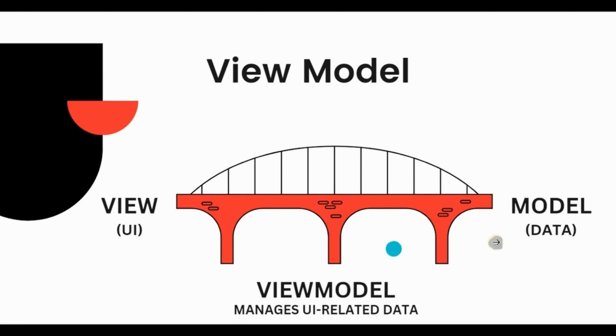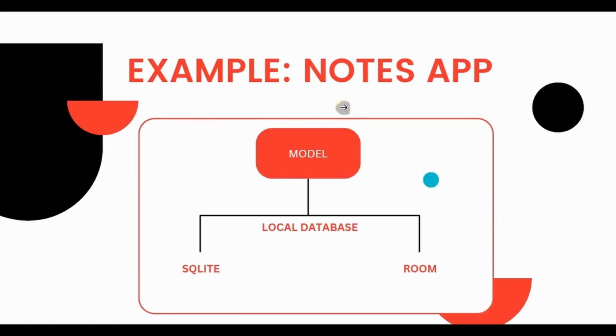See, the model is responsible only for data and the view is responsible only for UI. But ViewModel is responsible for the communication that takes place between them. Communication as in actions that need to be performed. I'll give you an example. Consider a notes app where the notes database is SQLite or maybe Room database as data, that is basically a model.